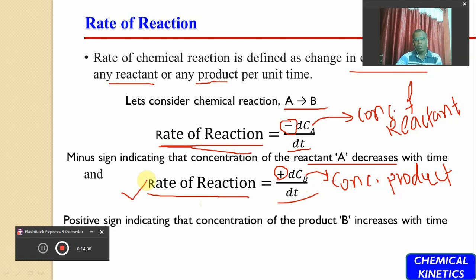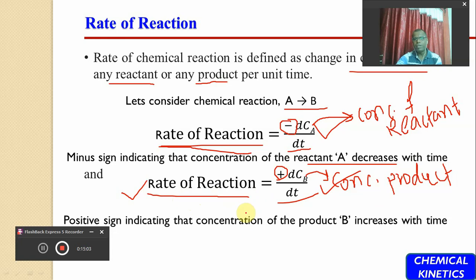So remember one thing: we are able to define the rate of reaction in terms of concentration of reactant and also in terms of concentration of product. In terms of reactant, it is defined as the decrease in concentration of reactant with the change in time, and in terms of product, it is defined as the increase in concentration of product with the change in time.